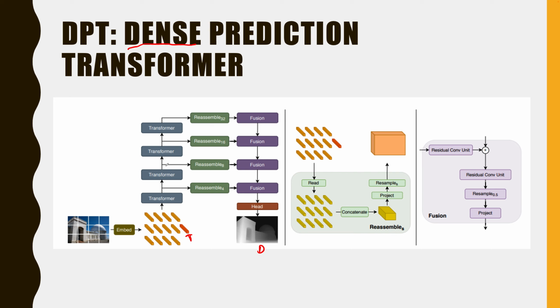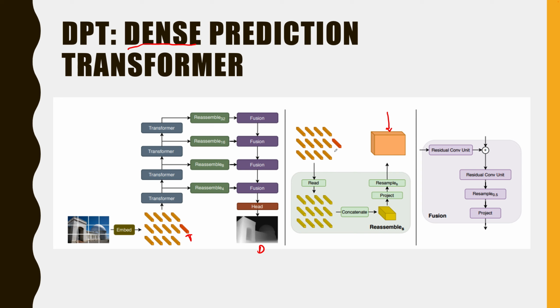Then you apply the transformers to each of those tokens, and you have an output with a different amount of tokens or different size, and then you keep going. Then you have this reassemble here, which takes the tokens, reads them, concatenates them, projects, and resamples. The output is in this format, which is like an image, so basically a simple 3D shape.